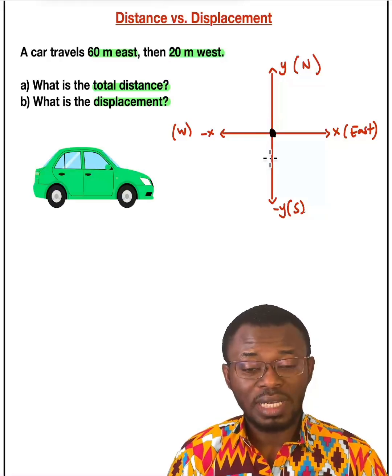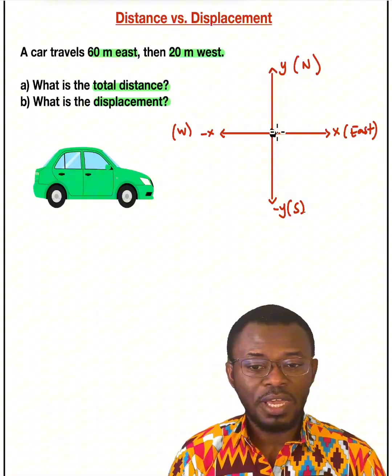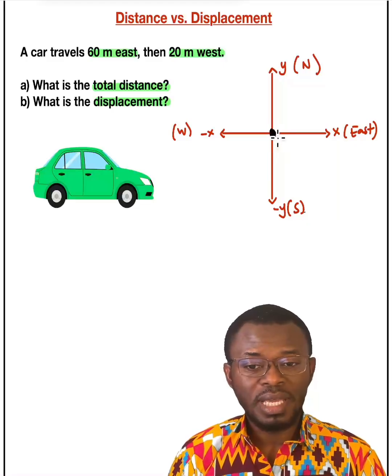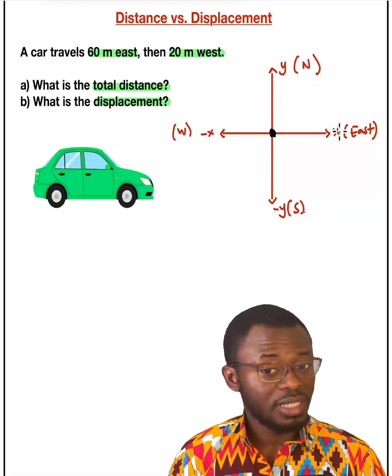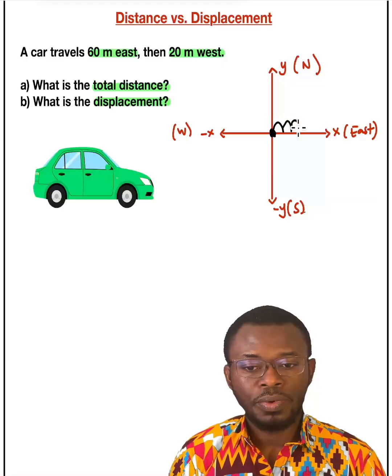However, what is the total distance traveled, which is a scalar? If this car starts from here and travels 60 meters east, that means to the right in the positive X direction. So if we jump this car 6 points, 1, 2, 3, 4, 5, and 6, it is going to be at this location.